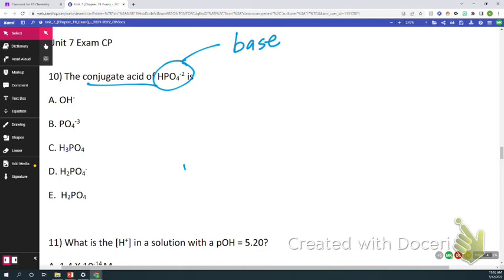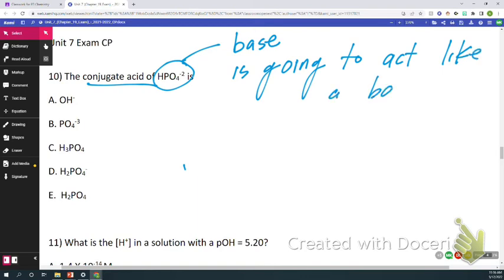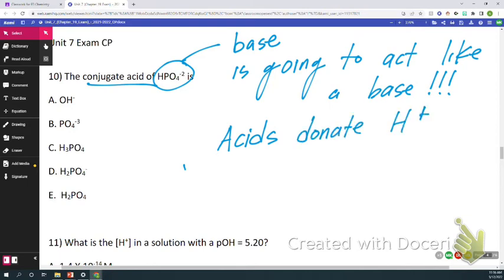This is the crucial thought. And what do bases do? Well, acids donate H plus. Bases accept an H plus.